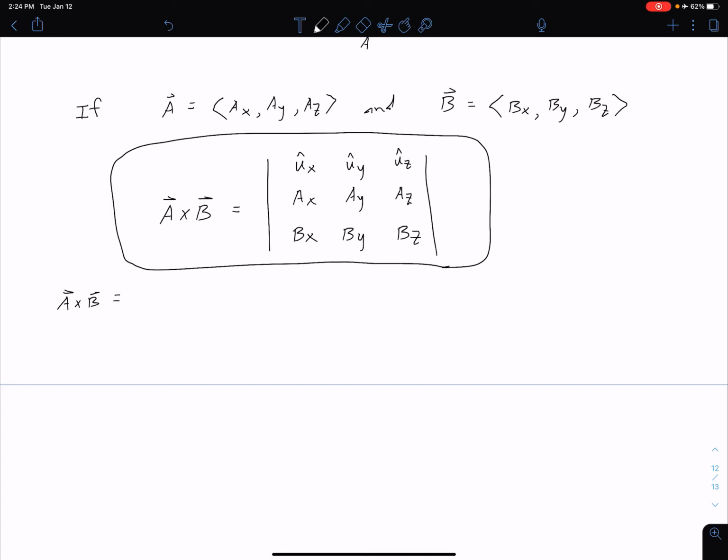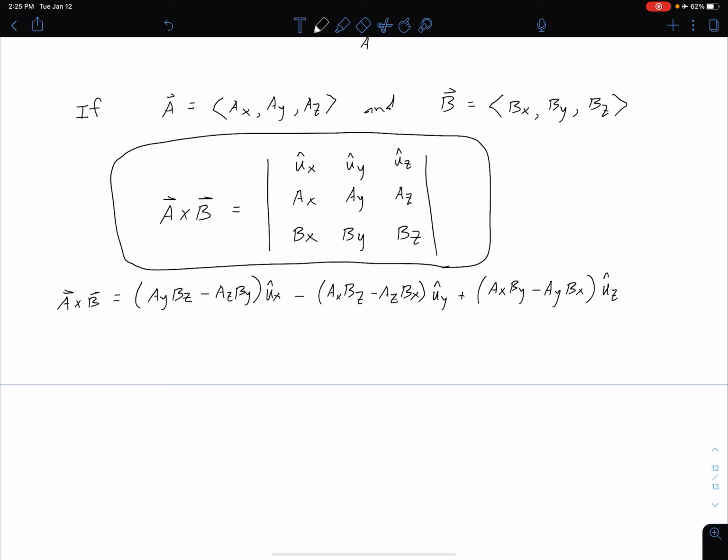so it's a little more messy than our dot product, but we have AY times BZ minus AZ times BY, all of that in our X direction. Now we have minus the product of AX BZ minus AZ BX in our Y direction, plus, and then for our last term we have AX times BY minus AY times BX, all of that in our Z direction.